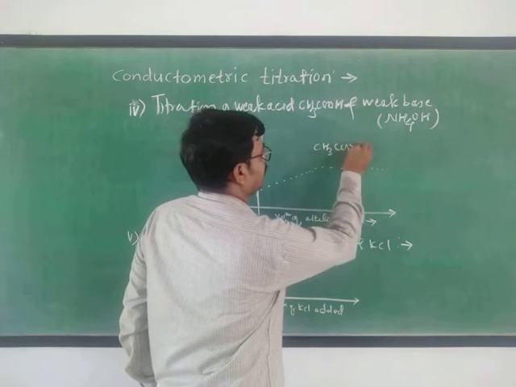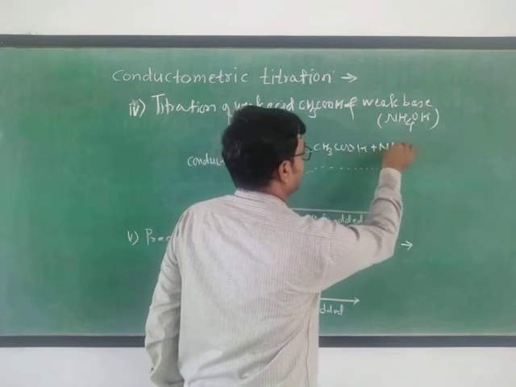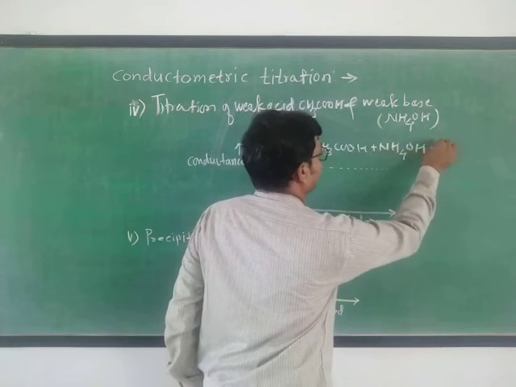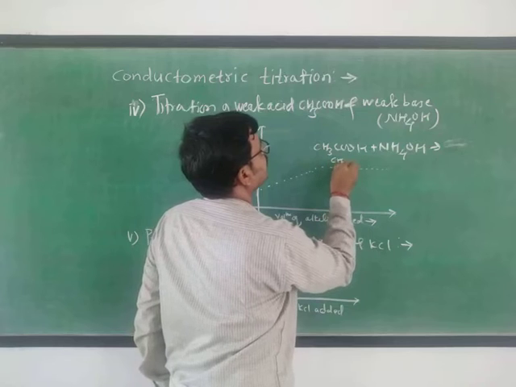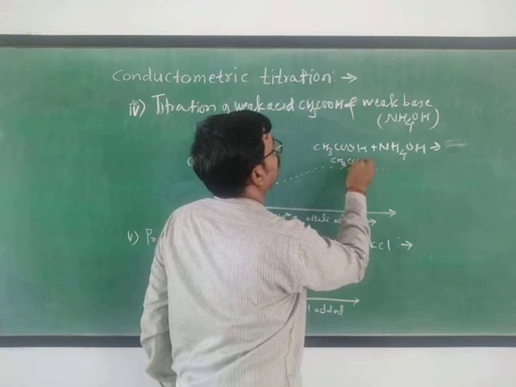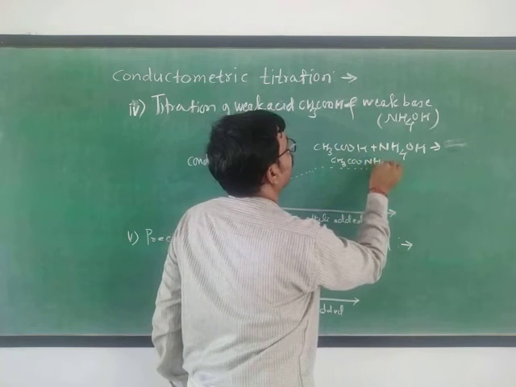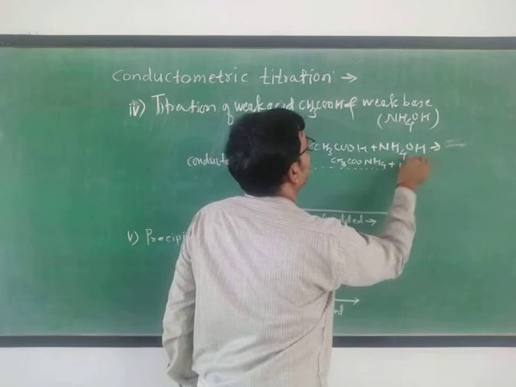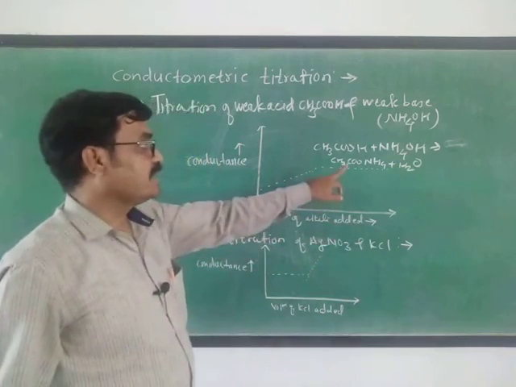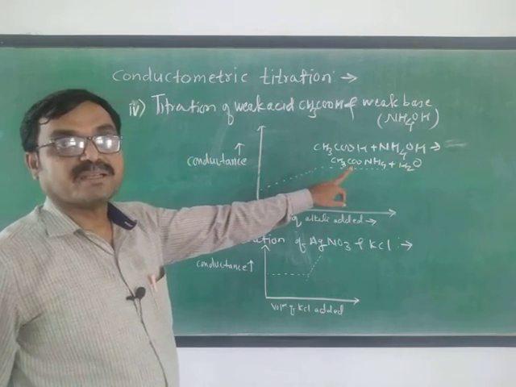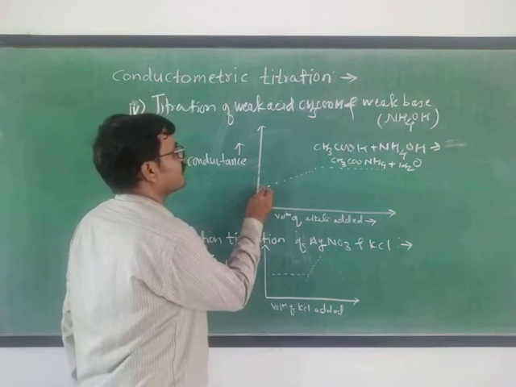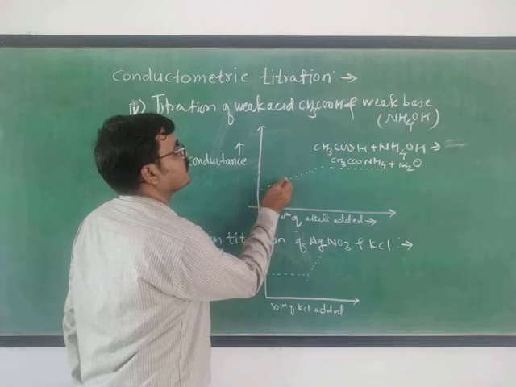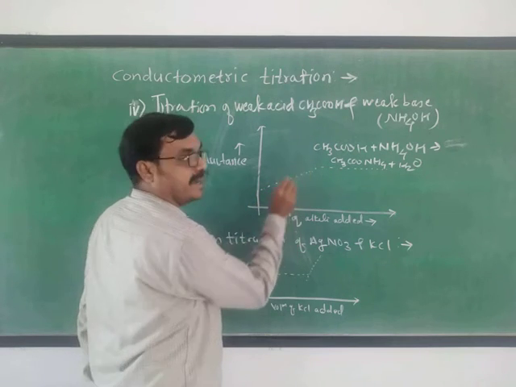Acetic acid plus NH4OH gives CH3COONH4 plus H2O. Here this salt is formed and salt is a strong electrolyte. That's why due to formation of salt, the conductance goes on increasing till the end point.